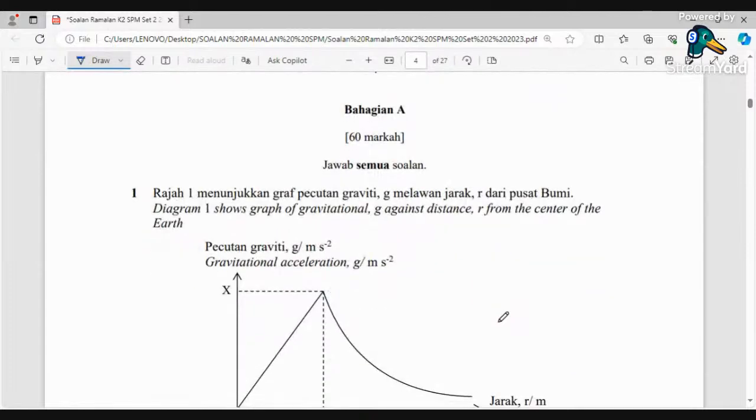Okay, now let's look at section A, question number 1. Diagram 1 shows a graph of gravitational acceleration g against distance r from the center of the Earth.